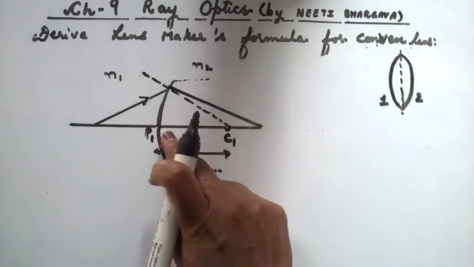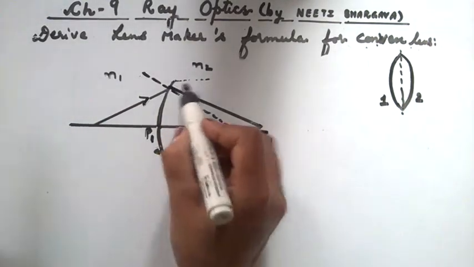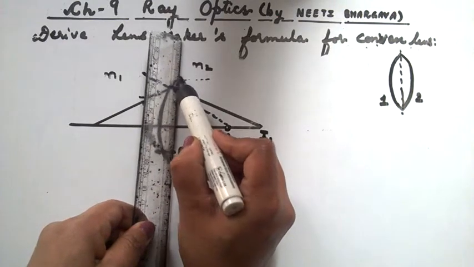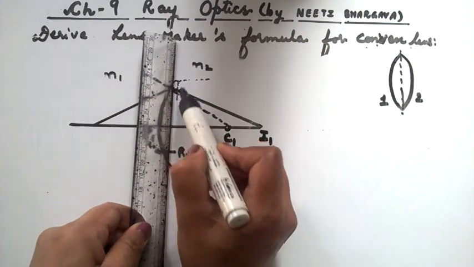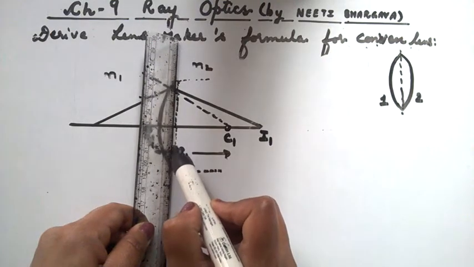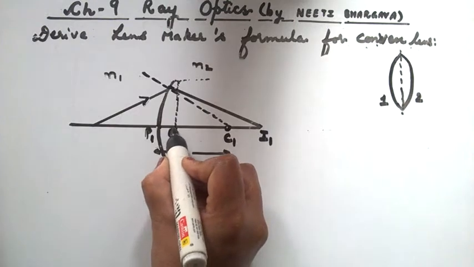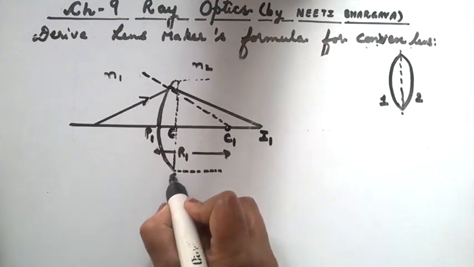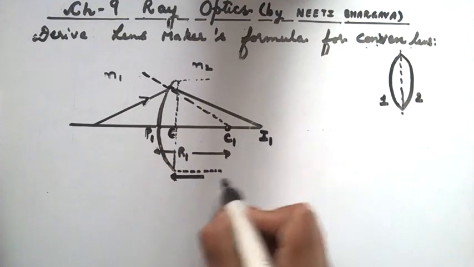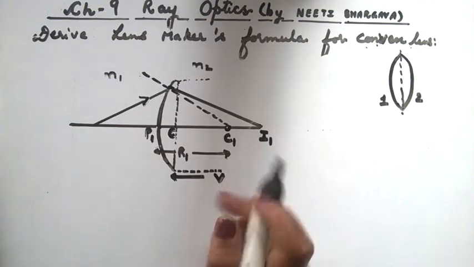As this is the first surface, let the image be I1, and this is the optical center of the lens, that is C. Optical center is C. So from optical center to image I1, the image distance is V1.